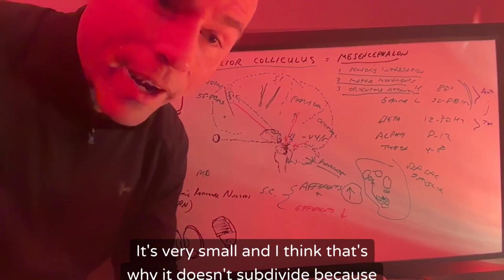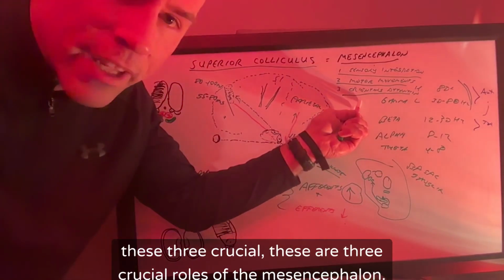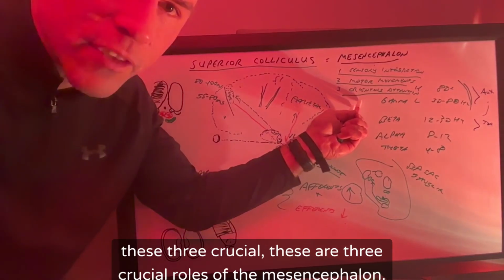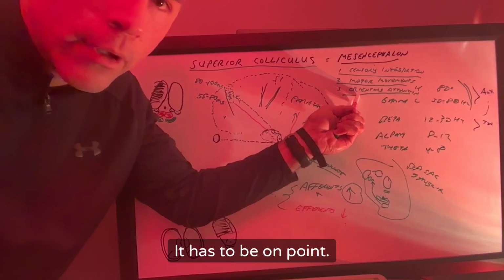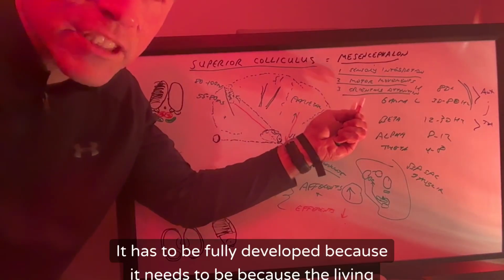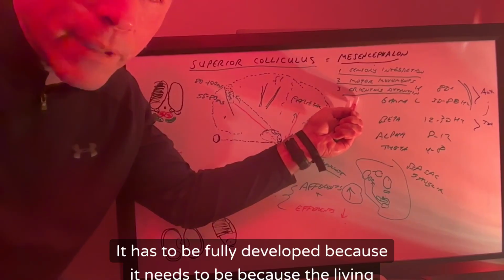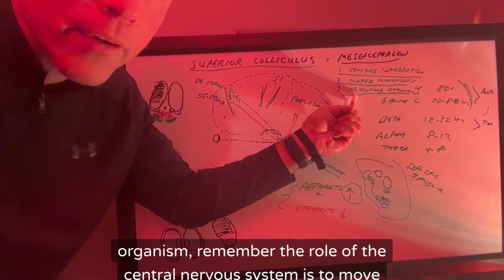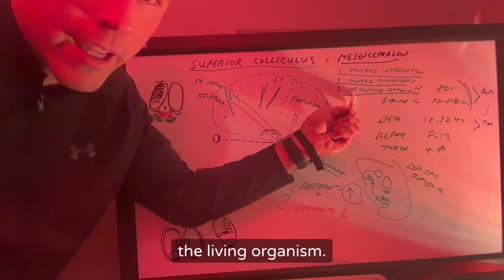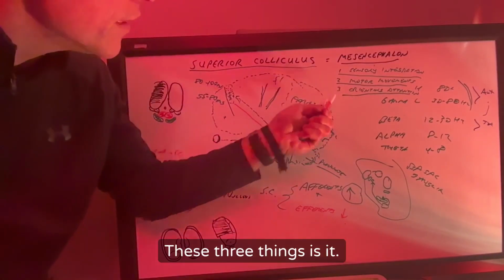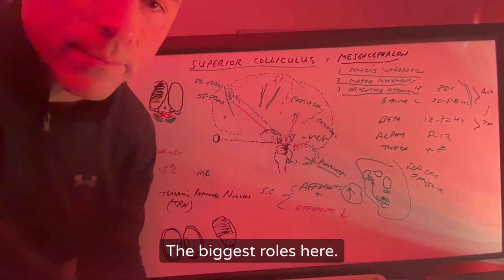It's very small, and I think that's why it doesn't subdivide because these are three crucial roles of the mesencephalon. So evolution says no more. It has to be on point. It has to be fully developed because it needs to be. Because the living organism, remember, the role of the central nervous system is to move the living organism. And in large part, these three things is it. This is it for the living organism.